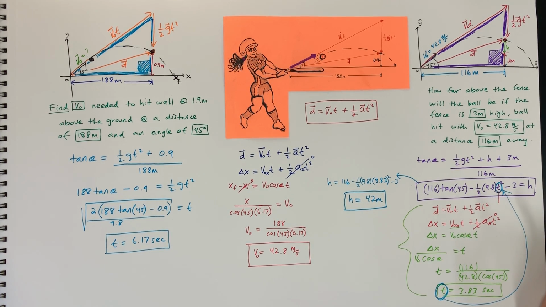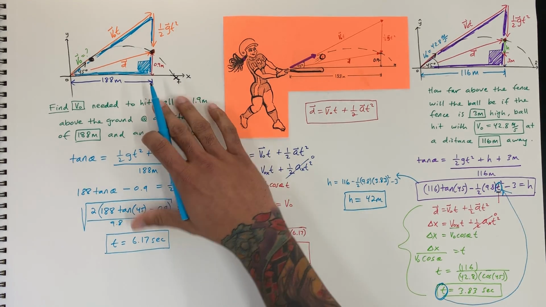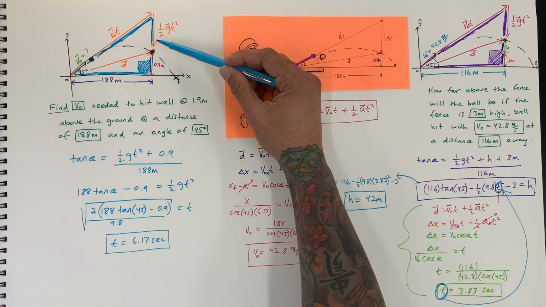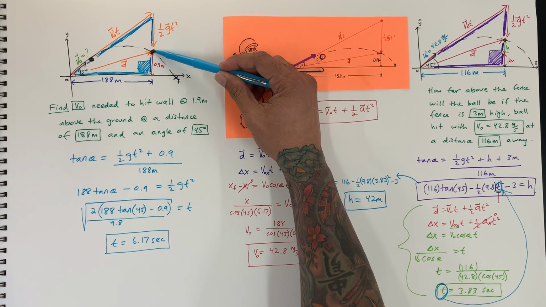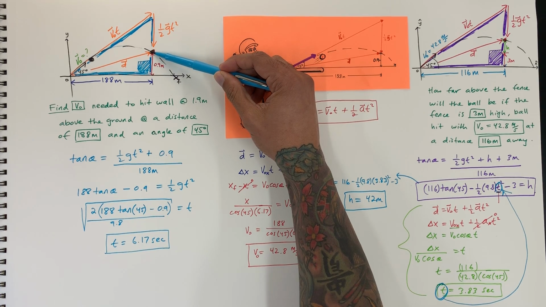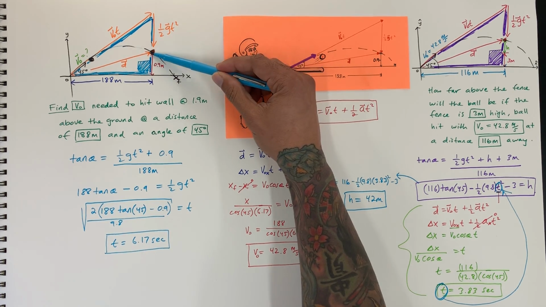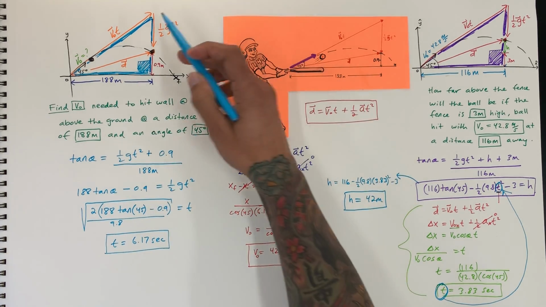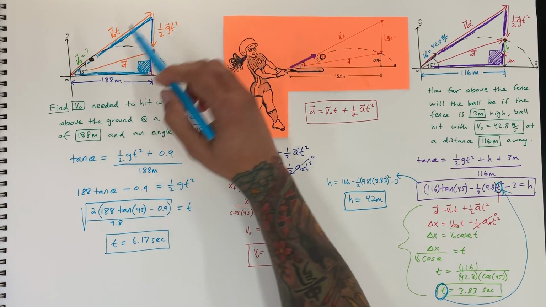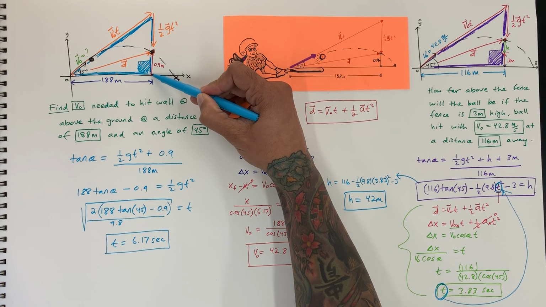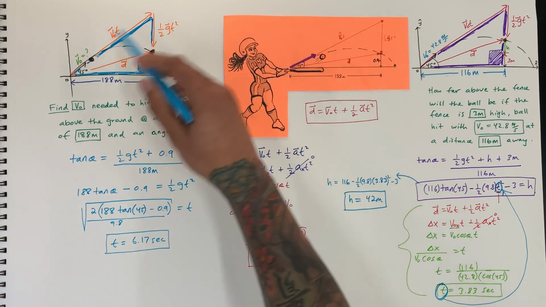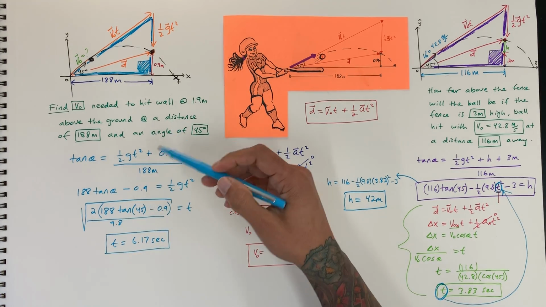So let's recap on the first part here. We found the velocity needed to hit the ball at distance of 0.9 meters above the ground, 188 meters away at 45 degrees, right? We use our vector triangle and we combine this segment here in order for us to take advantage of a 90-degree triangle in blue, right?